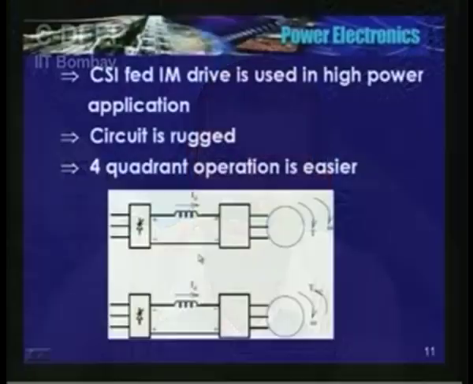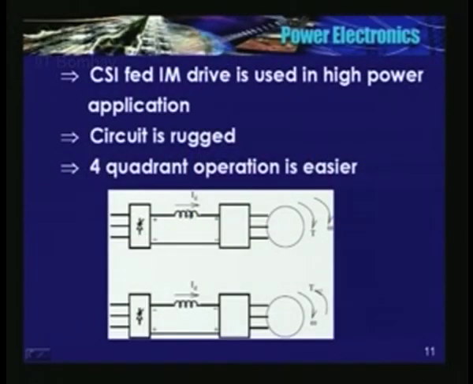Another advantage of the current source inverter is that 4 quadrant operation is possible, or in other words, it is easier to have 4 quadrant operation in a CSI fed drive. Okay. How is that possible? See here, a large inductor, AC to DC conversion.